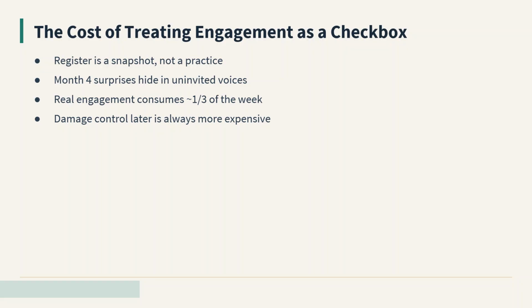Engagement is not an artifact, it is a continuous practice. The register is a snapshot, not a substitute for the conversations, the check-ins, and the political reading that the snapshot represents. Project managers who understand this distinction spend roughly a third of their week on deliberate stakeholder activity. Those who do not spend that time up front spend it later in damage control, which is always more expensive.